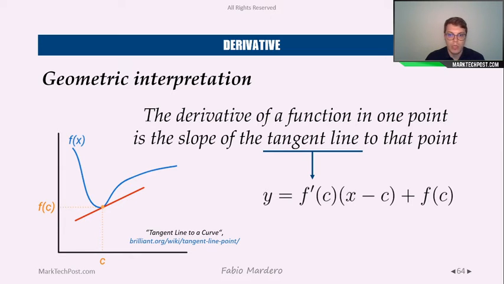That's because we can write y as the derivative of f computed in c, times x minus c, plus f of c. You see that this is the slope, and this times this is the intercept here.